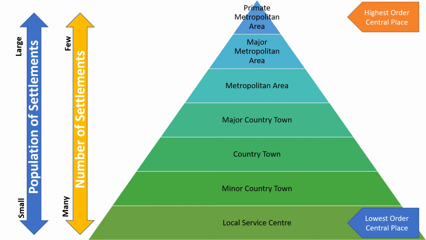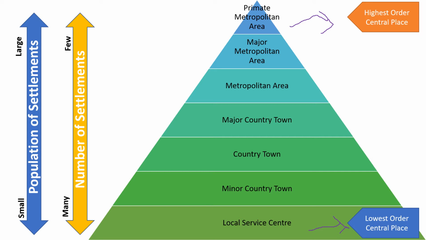And at the top, the primate metropolitan area, we would call a highest order central place. And then at the bottom of the scale, where we've got the smallest local service center, the smallest urban settlement, we call the lowest order central place. And you could classify everything in between using that. Is it a higher order urban settlement or a lower order urban settlement?